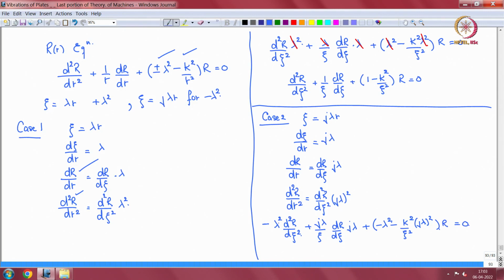So I get a minus λ² here and a minus λ² here.